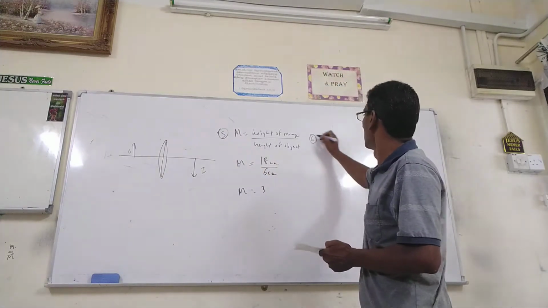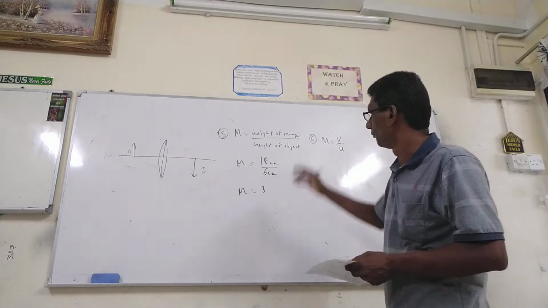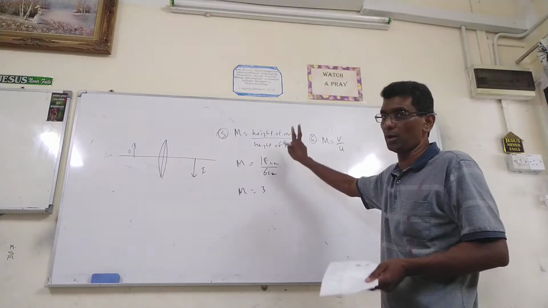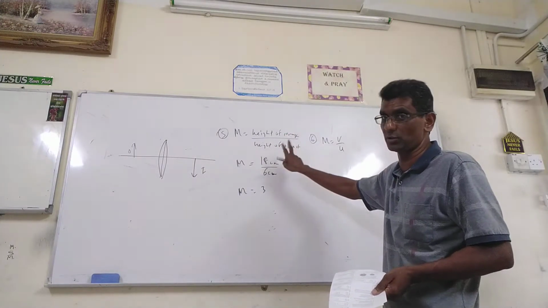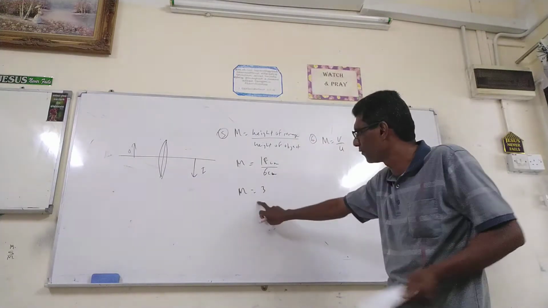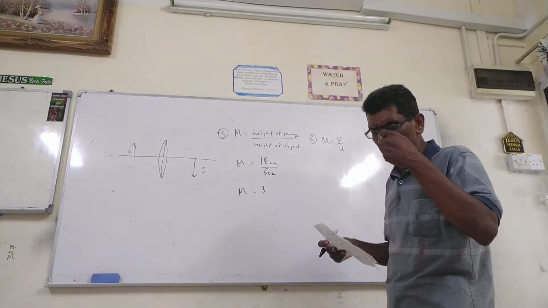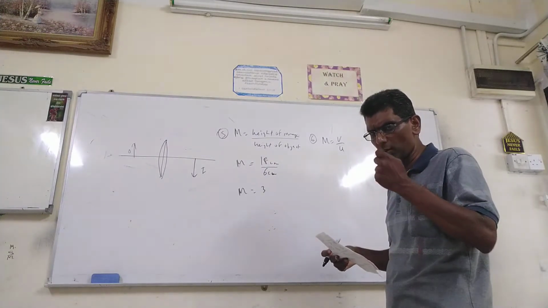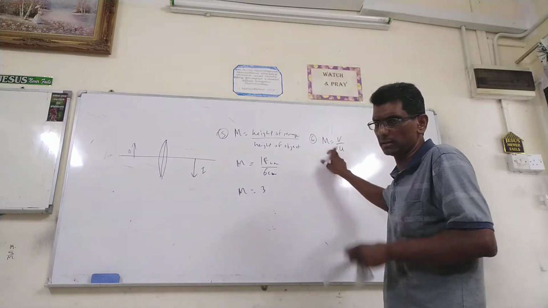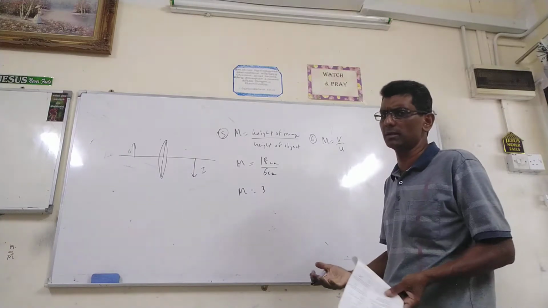Okay, m equals v over u. We can use either formula: height of image over height of object, or m equals v over u. Since we found m is 3, the magnification is the same for the same lens, same object, same image.